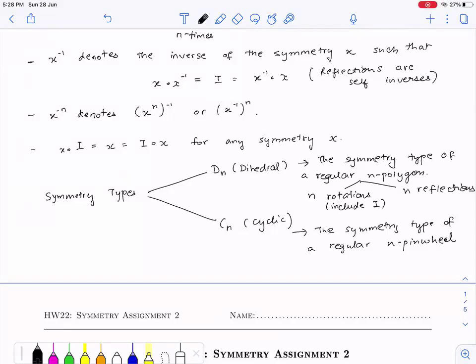Okay, so a pinwheel looks something like this. So this is a 3-pinwheel. Then you could also have a 4-pinwheel.